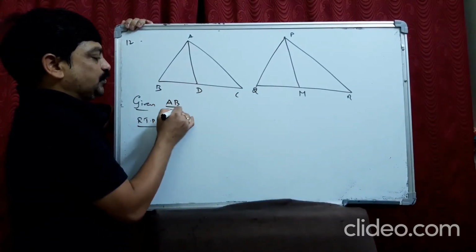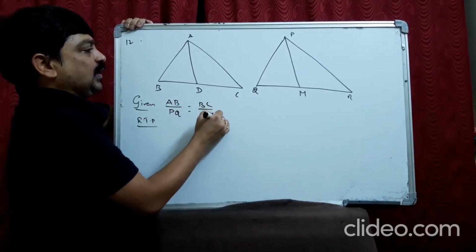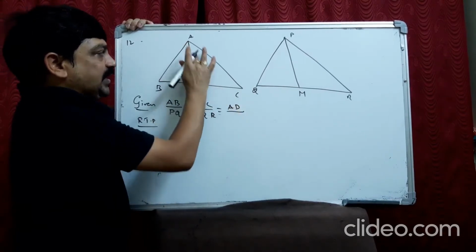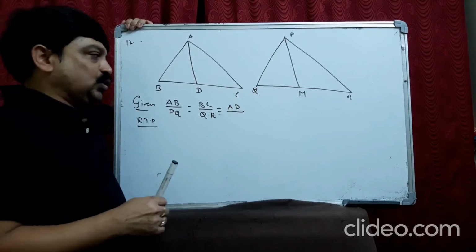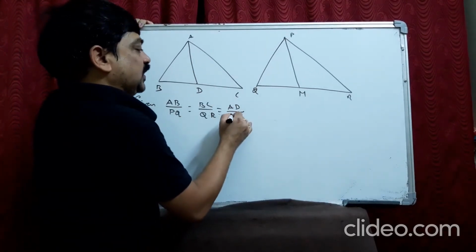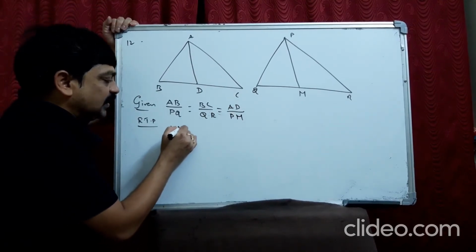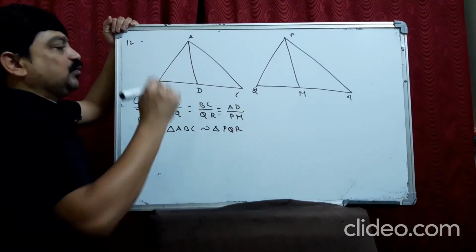AB is proportional to PQ and BC is proportional to QR and AD median. Median means the line joining one vertex to the midpoint of the opposite side. So AD by PM. This is given. RTP is triangle ABC is similar to triangle PQR. That's what we have to prove.